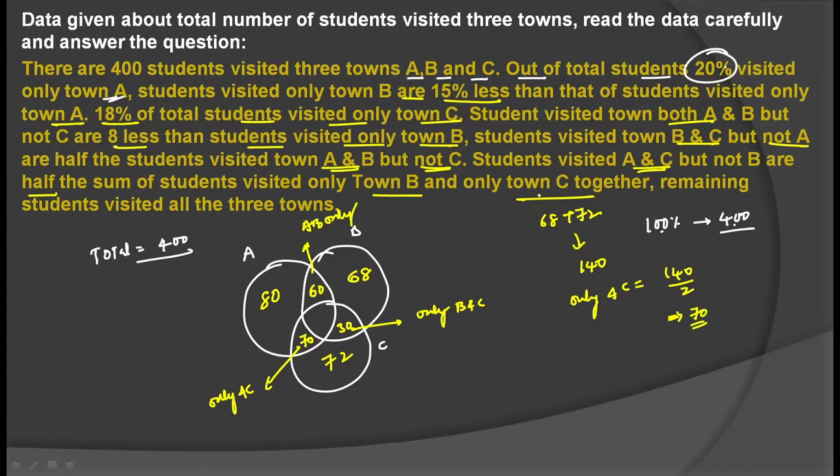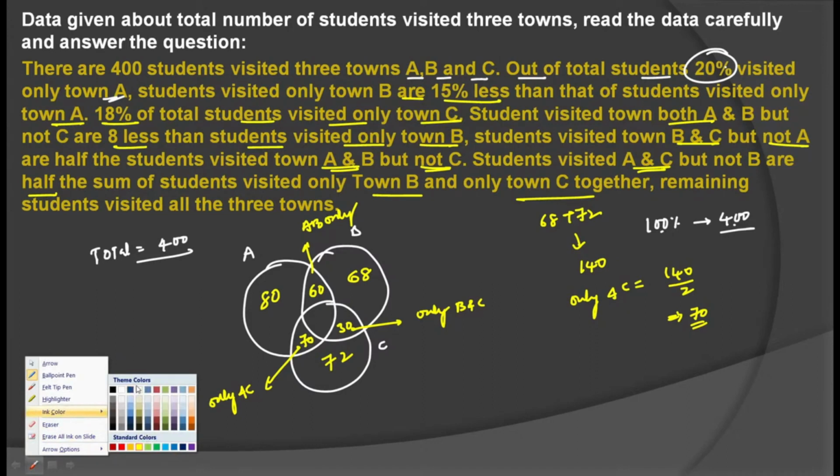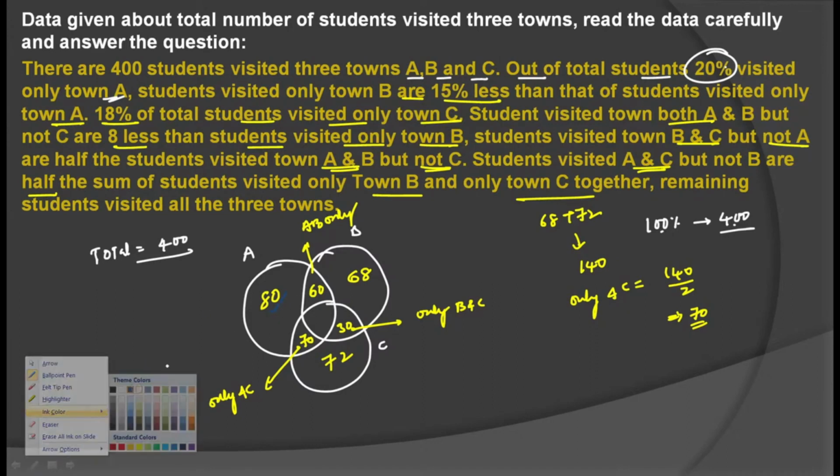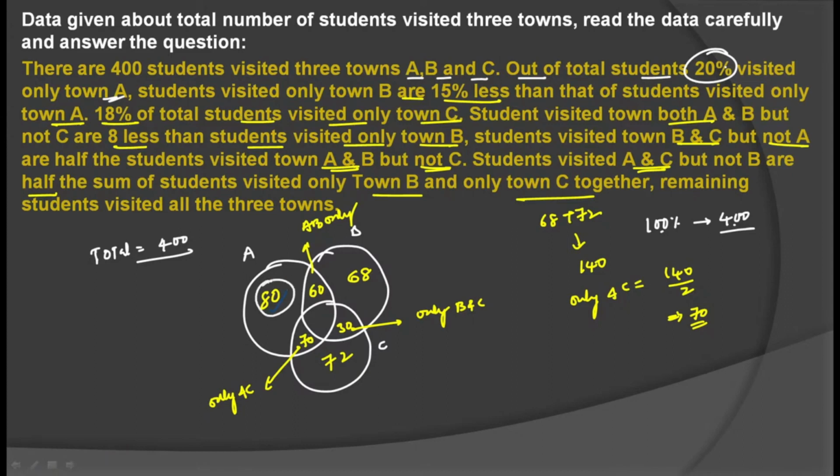Now here the question: the remaining students who visited all three towns. So we just find out who the remaining persons are. What is the number we are left with? Now just go through the addition here. This is the 80. Out of 400, we subtract. If we want the value all together, it is total minus the remaining values.